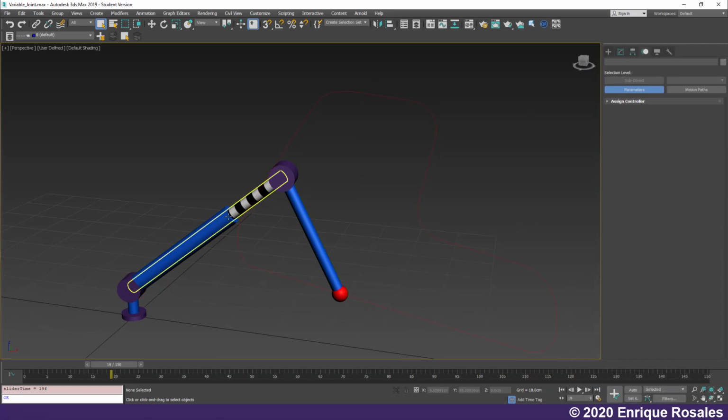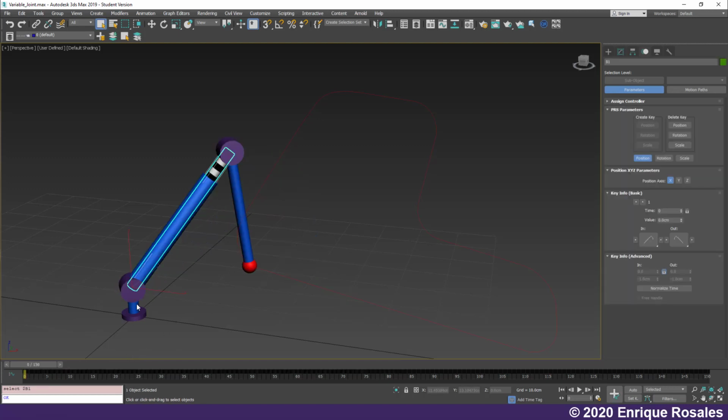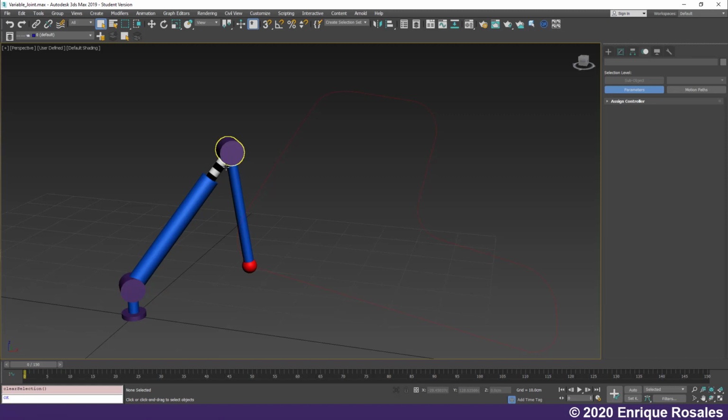So let's analyze this guy here. Please pay attention to this. Imagine that this link has 2 pieces, but imagine that it's a single link, okay? It has 2 pieces, but it's a single link. So this position here, or this object here, represents the minimal distance of this link, okay?